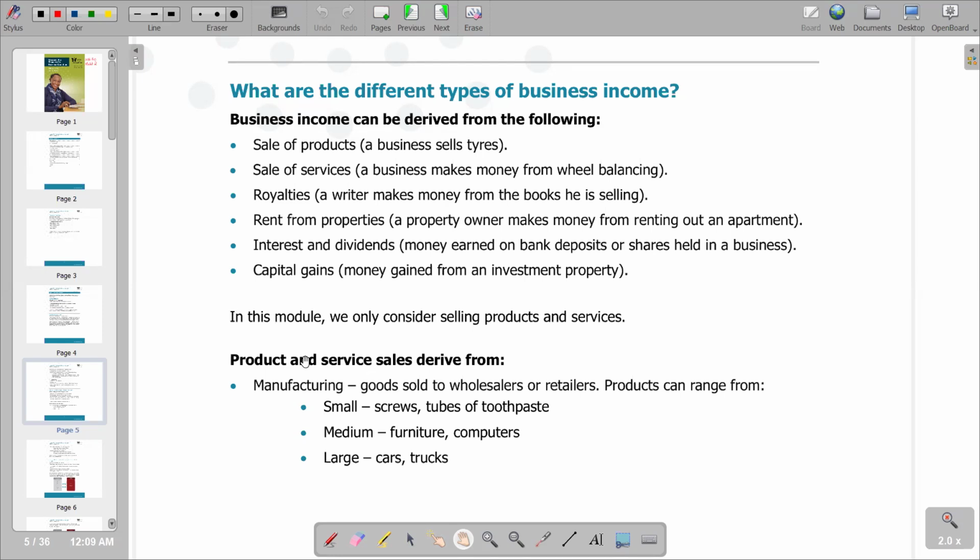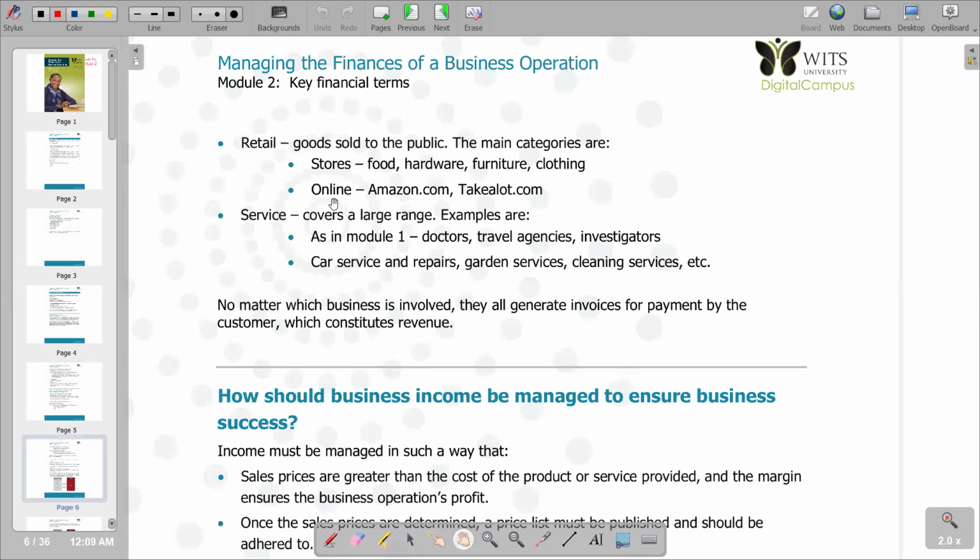On the last part that we're going to look at in this video, we are going to look at product and service sales, and the business forms from which we can derive them. You see that we can have a manufacturing business, a retail business, or a service business.